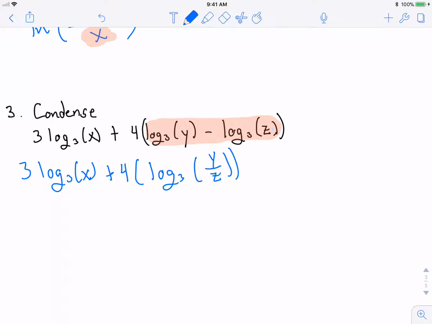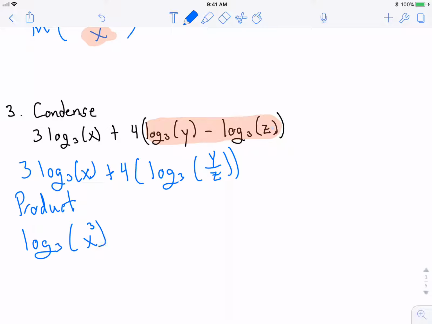Now, the inside of the parentheses can't get any simpler, so we'll move on to our power property, which tells us to move the 3 and the 4 up, so this becomes log base 3 of x cubed plus log base 3 of y to the 4th divided by z to the 4th.